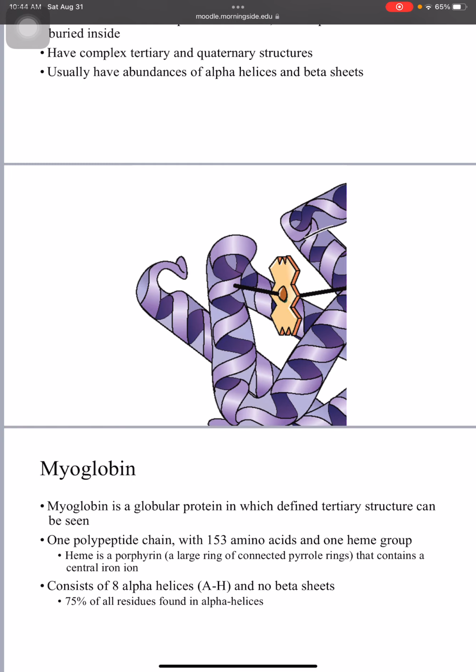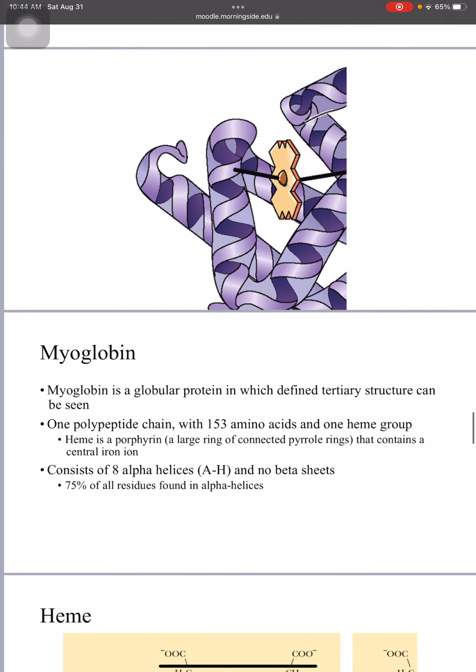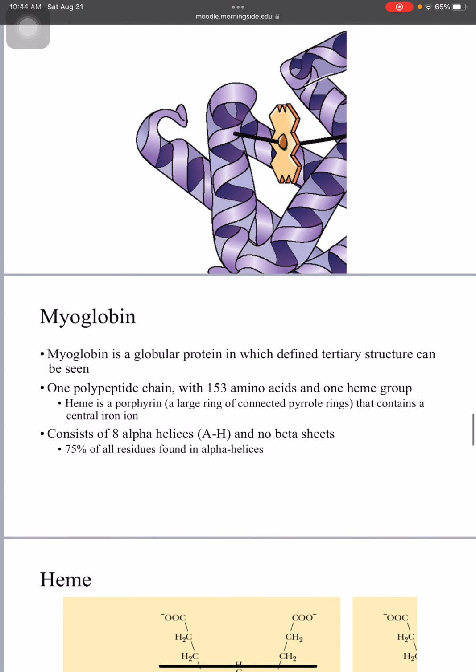The basics of myoglobin: it consists of one polypeptide chain with 153 amino acids in it, and also one heme group. We'll talk about that in just a second. That one chain consists of 8 different alpha helices, labeled A through H. So you have helix A, helix B, helix C, etc. No beta sheets. 75% of all the residues are found in these alpha helices. All the other ones are found in reverse turns.